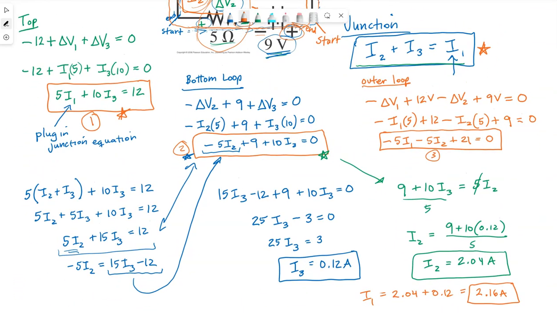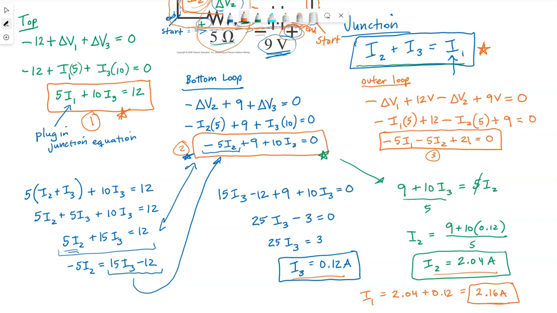Assuming all the algebra and the equation setup that has been done here, getting positive numbers for these currents means they are in the direction I drew them. Had I drawn one in the wrong direction, then I would have come up with a negative answer. And as long as I had set up my equations properly and based my plus and minuses off the circuit properly, that minus sign would simply mean that that current was in the opposite direction.